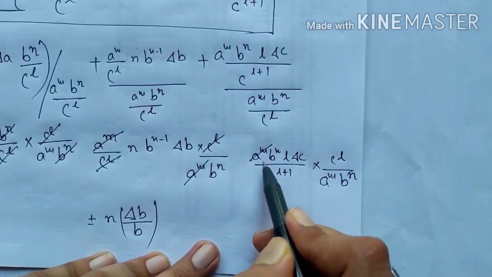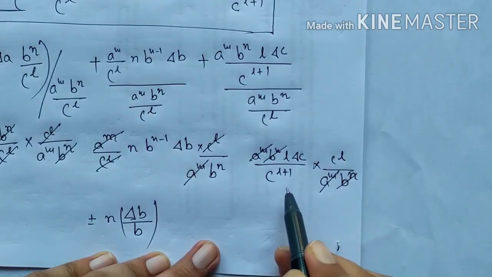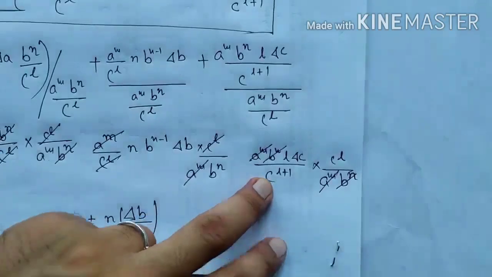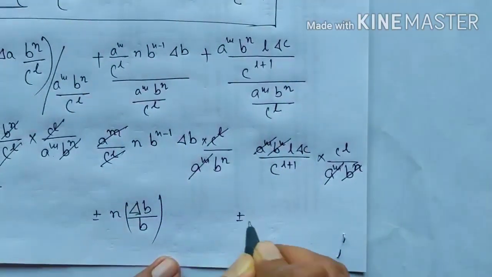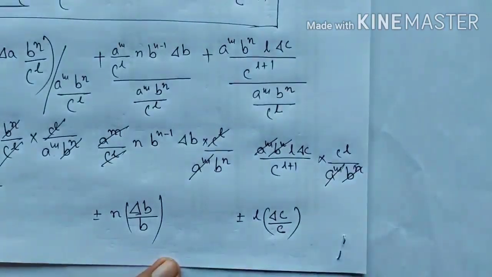So a to the power m b to the power n get cancelled, c to the power l plus 1 with c to the power l. So here it is only c. So we have l delta c by c. So from here what we get? L delta c by c.